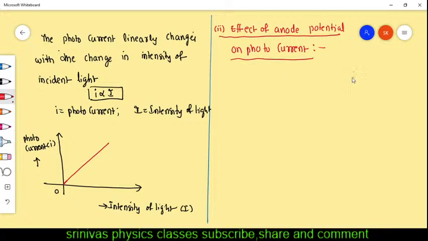Effect of anode potential on photocurrent. You see here, we are taking an evacuated glass tube. In this, we are taking one cathode and one anode.